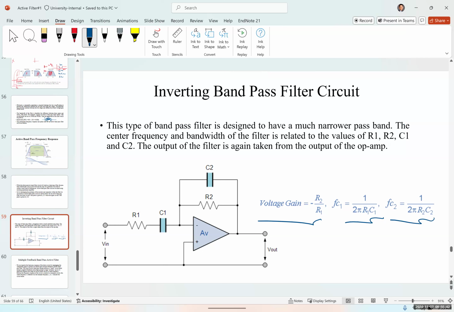So for this particular case, if we have an inverting active bandpass filter, first of all, we're going to have two sets of capacitors and resistors, C1 and C2. Can you tell me which capacitor is the high pass filter and which is the low pass?